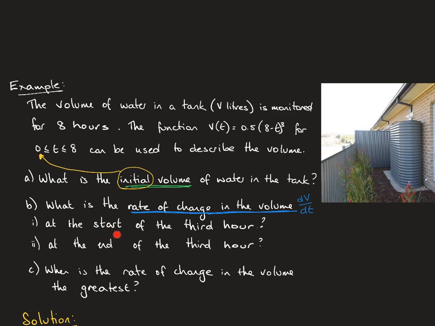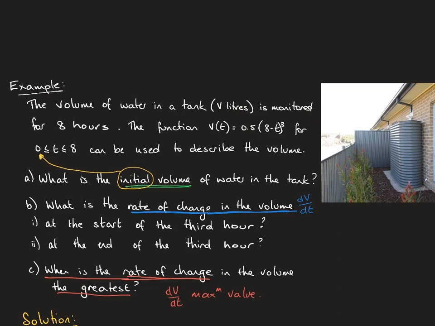So we'll investigate this in a little bit, but this is actually different. This question is here so I can show you something. And then finally, when is the rate of change the greatest? So when is dV dt at its maximum value?